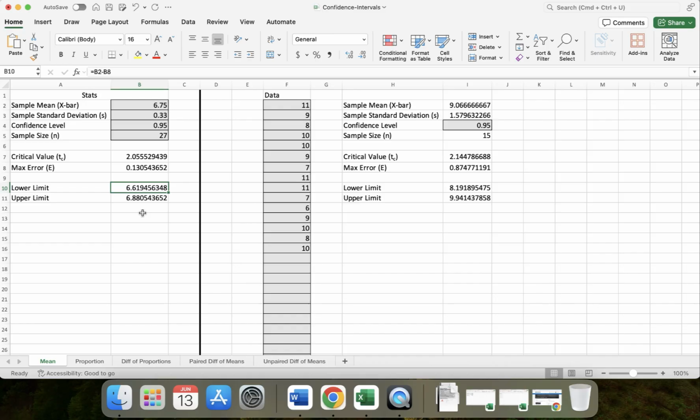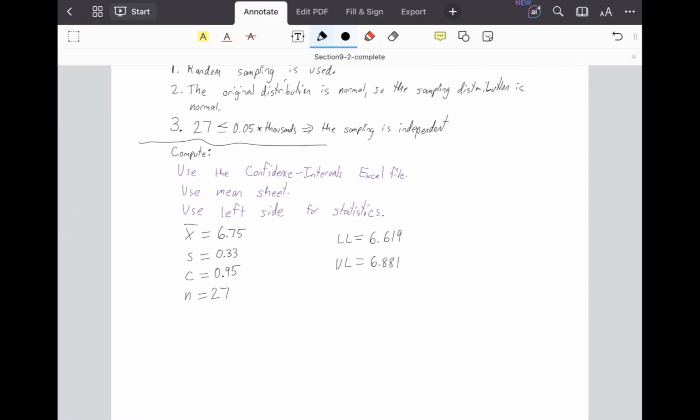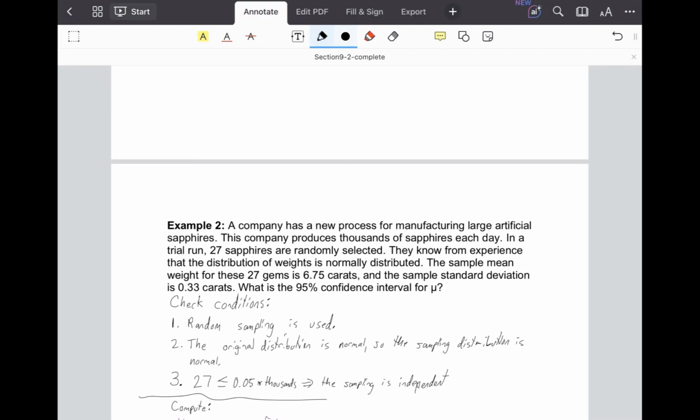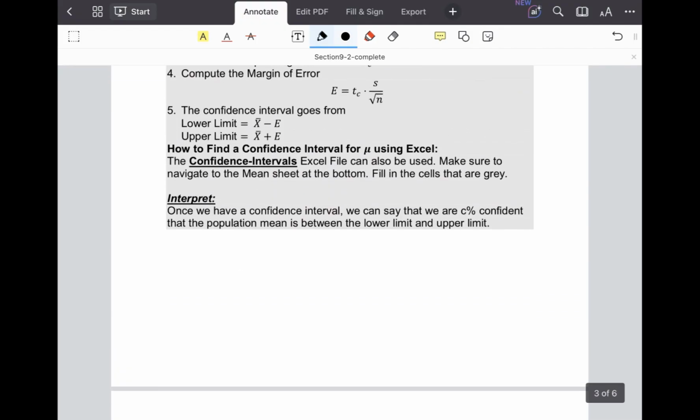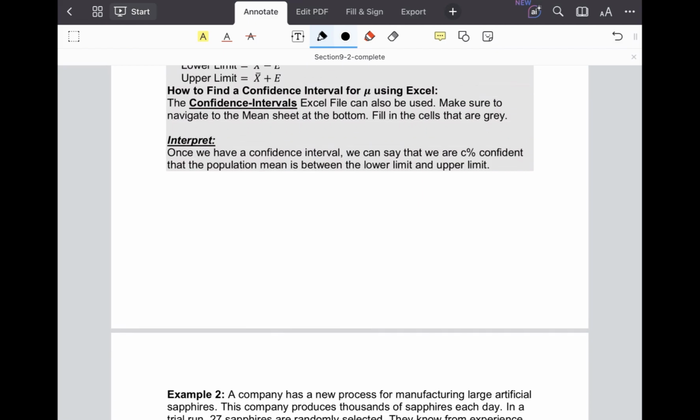Okay, one last step. We gotta interpret what this is telling us. If you're not super comfortable with this statement, you can look back up here. We can say we are C% confident that the population mean is between those two.